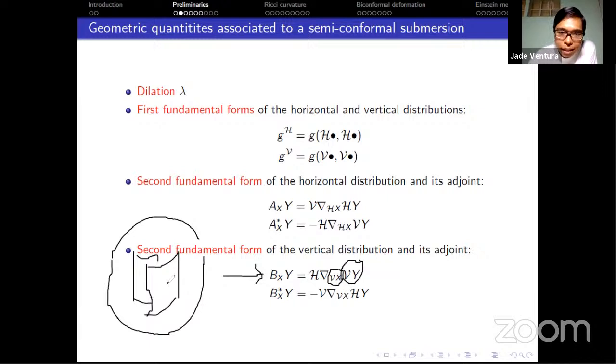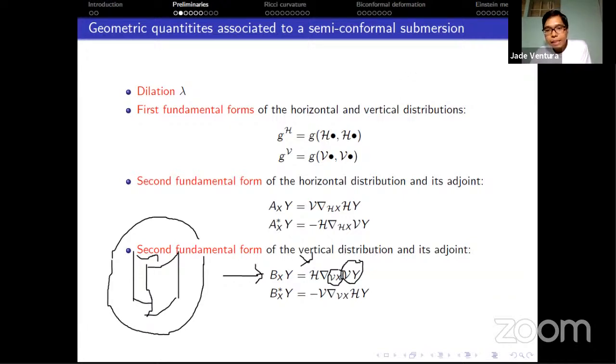So this nabla here is the Levi-Civita connection. Differentiate that in the direction of dx, and whatever the derivative is, that's a vector. We take the horizontal part of that derivative. So that's B.